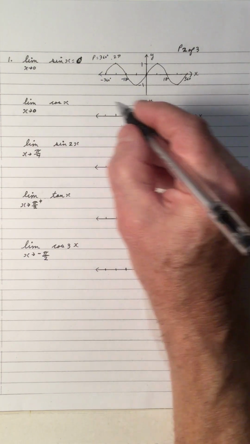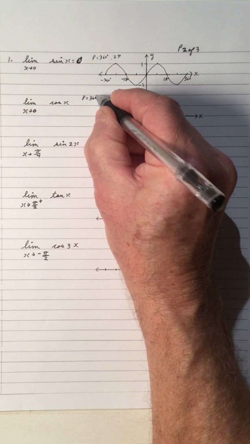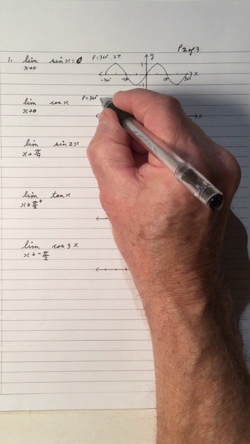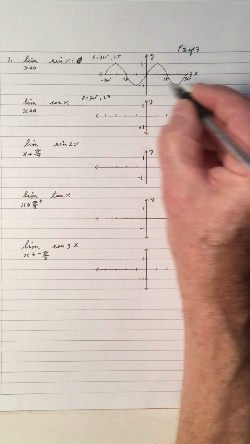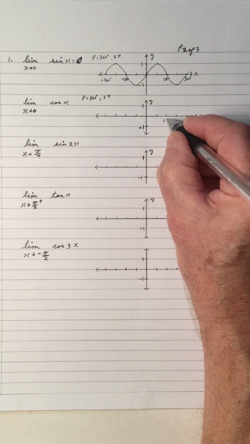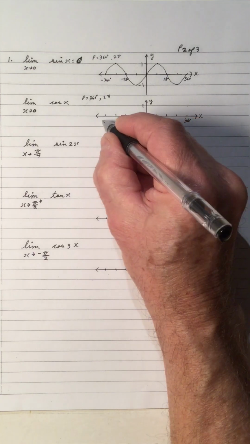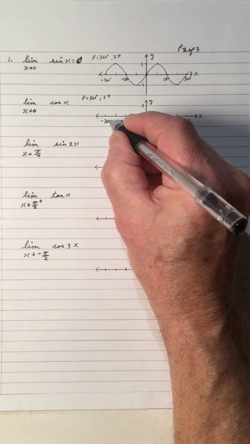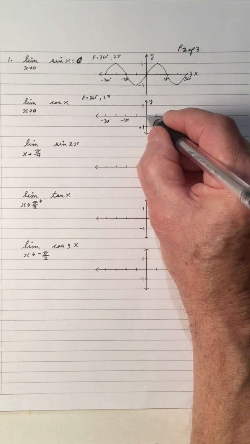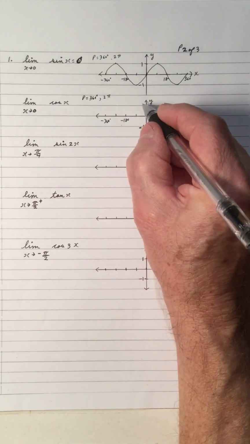Now, what about the cos graph? Again, the period of the cos graph is 360, or we could say 2 pi in radians. So let's make this 360, 180, negative 180, and negative 360. The cos of 0 degrees is 1.